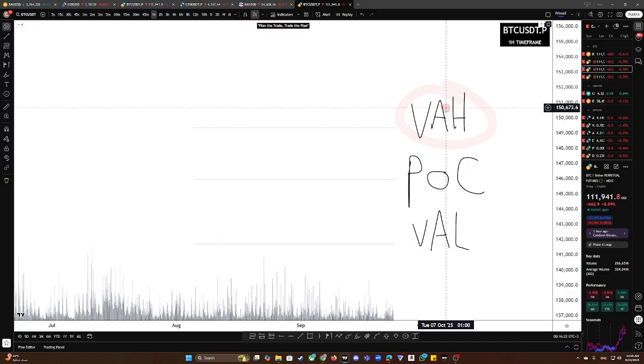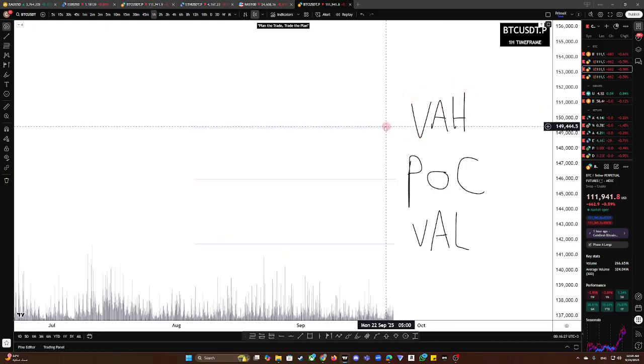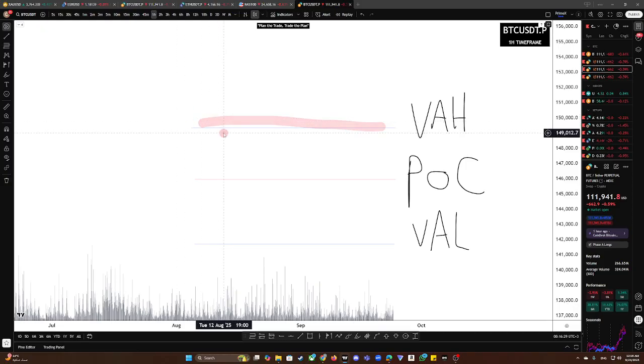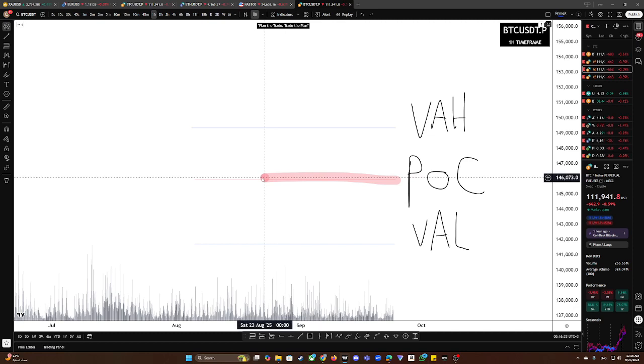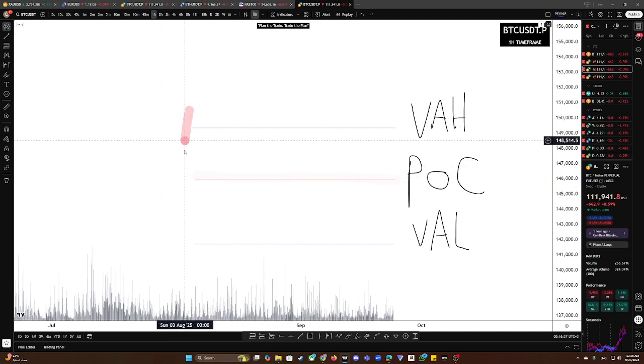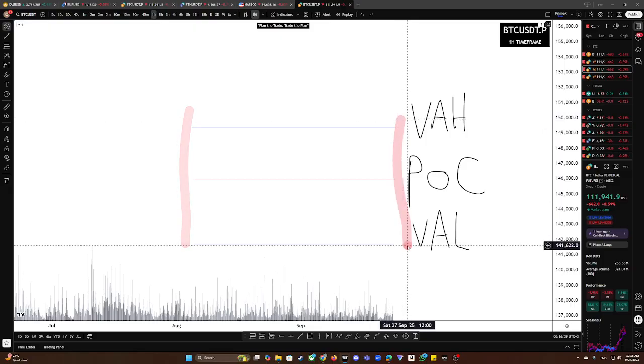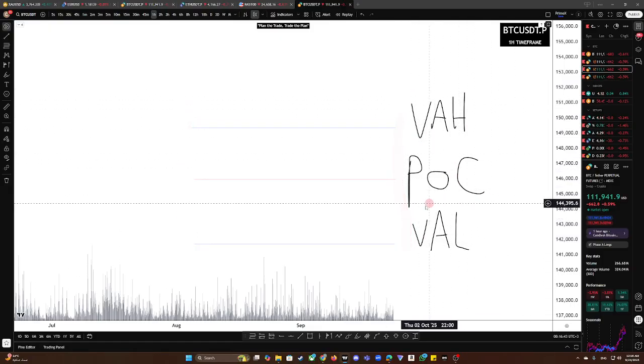It is a measurement. It's not important to know the measurement, but all you need to know is that it is a standard deviation determined by the volume. And the point of control is the line where most trading activity took place between this point and this point. That is basically what the value area high, the POC, and the value area low indicate. It is all measured by volume.